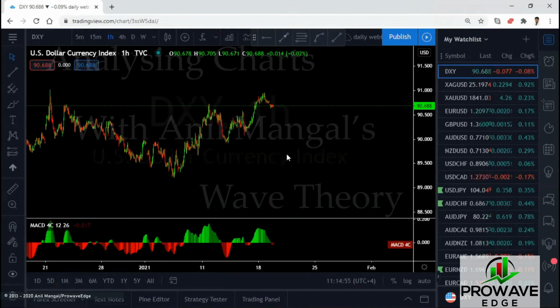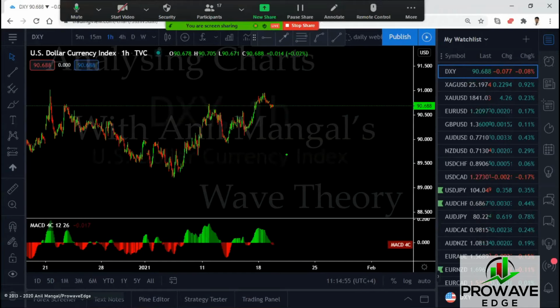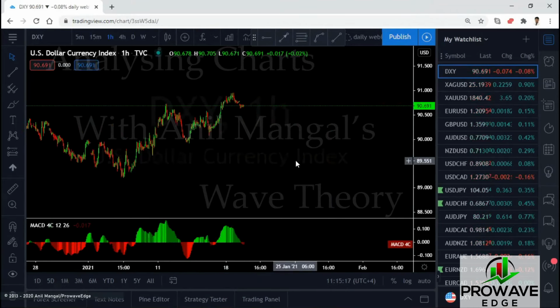If that is not a contracting flat, you will ask, why would you say it could be a contracting flat, or not? All contracting flats can become running flats. I'm not going to go into details of that, which means this can come here, go back up, come down here, go back up, and then fall. If this becomes a running flat, that is the pattern we would expect. That means we can sell.